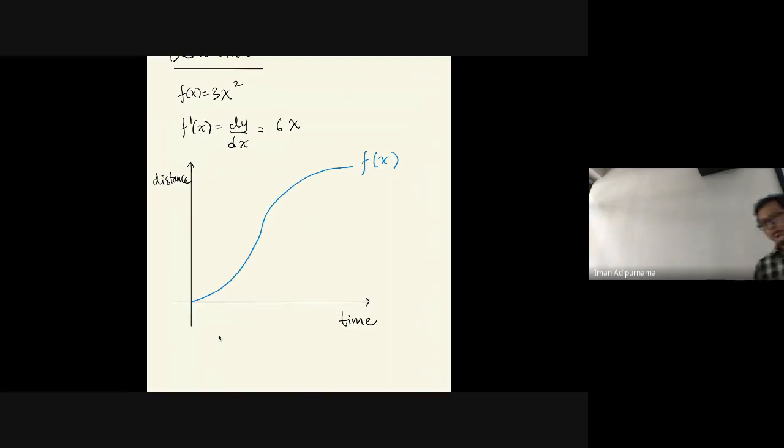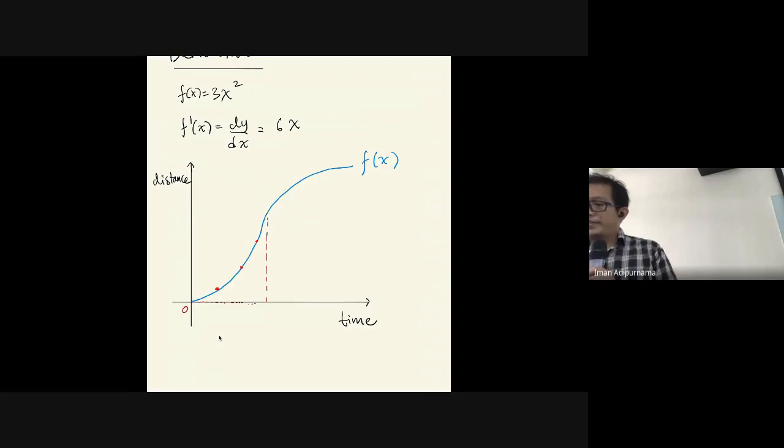First, I want you to understand the graph. Imagine you are maybe moving or running, right? From the starting point 0, you are moving along the time, and your distance is increasing. First it's here, then increasing here, and then here.